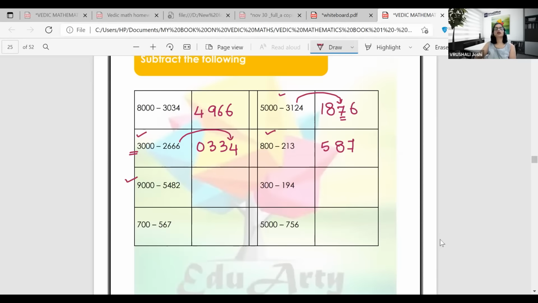Risa is not there. Okay, Yadnesh, can you send the answer for 9,000 minus 5482? He's written 3518. Let's check his answer. Yes, that's the correct answer.